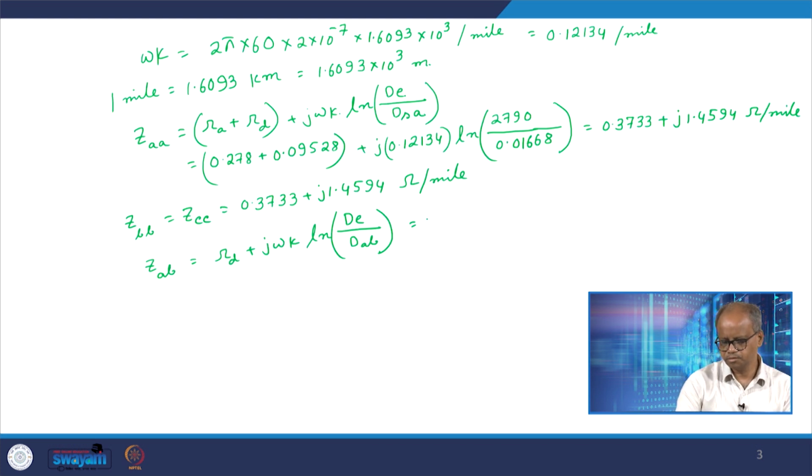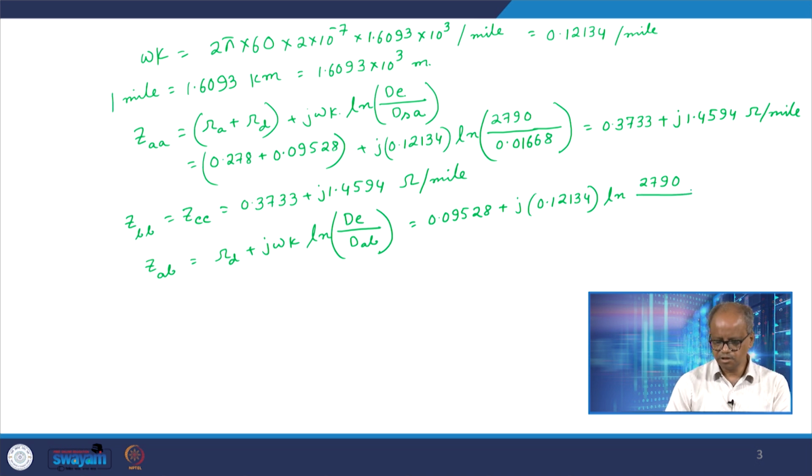RD is 0.09528 plus j into 0.12134 log of DE, which is 2790, divided by DAB.